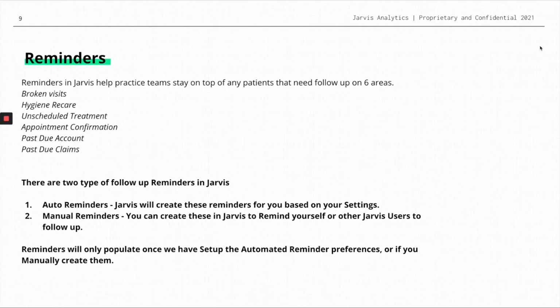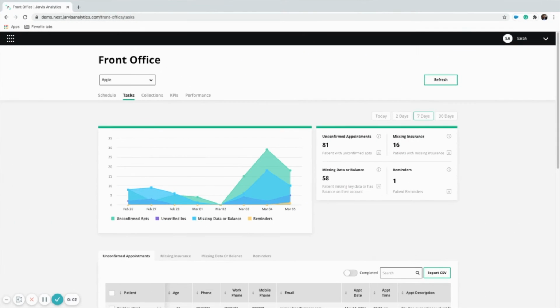Manual reminders: these are reminders that any Jarvis user can create to remind yourself or another Jarvis user to follow up. Automated reminders only populate once you have completed the setup of automated reminder preferences, or if you manually create a reminder. So this is our task tab.